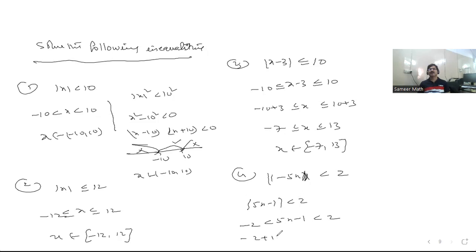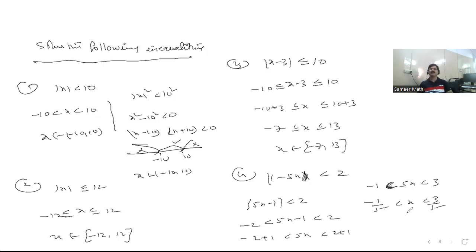So minus 2 plus 1 less than 5x less than 2 plus 1. I'm writing here minus 1 less than 5x less than 3. Minus 1 by 5 less than x less than 3 by 5. See here how nicely we are getting it, right? This is wonderful, sir.